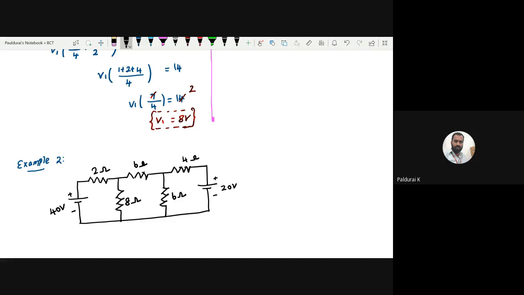Okay, in this problem, we took this for mesh analysis. Now once again we are going to do it with nodal. So take this problem, then we will enjoy it. Take 2 minutes.